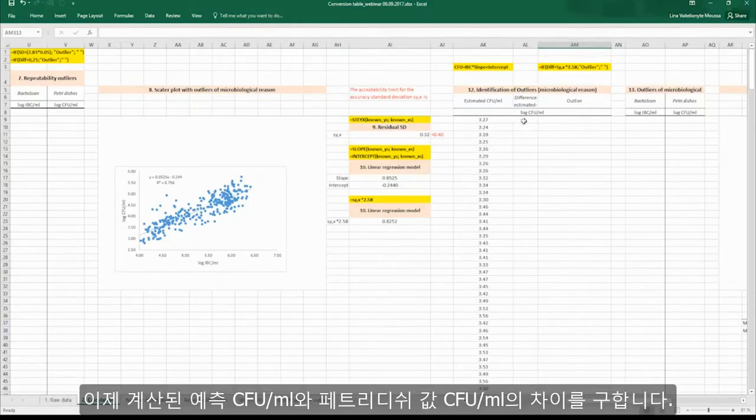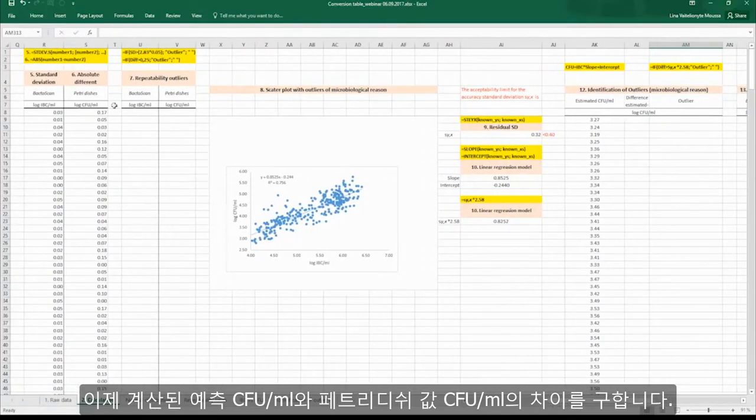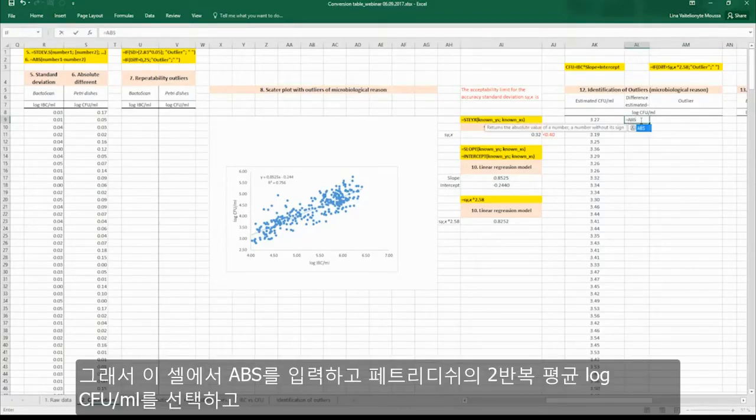Next step, we have to find the difference between estimated CFU per milliliter and CFU per milliliter in Petri dishes. So we are looking for the absolute difference.